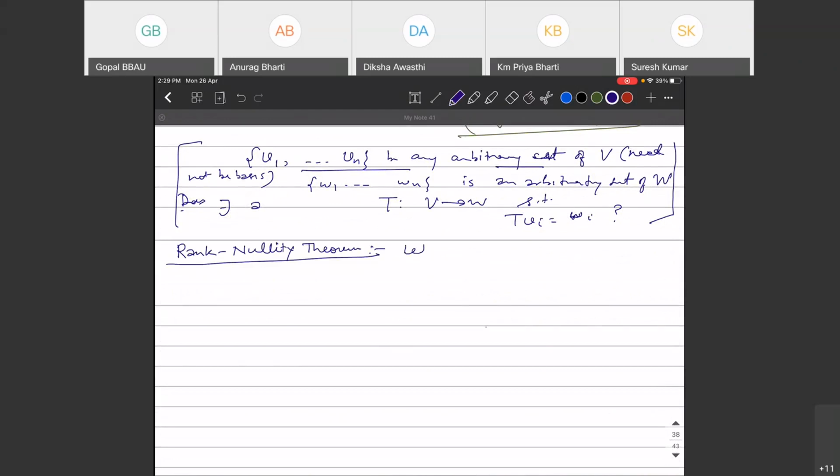So let V and W be vector spaces, two vector spaces over the same field K, because we will be talking about linear transformation between these two. Let T from V to W be a linear map or linear transformation.